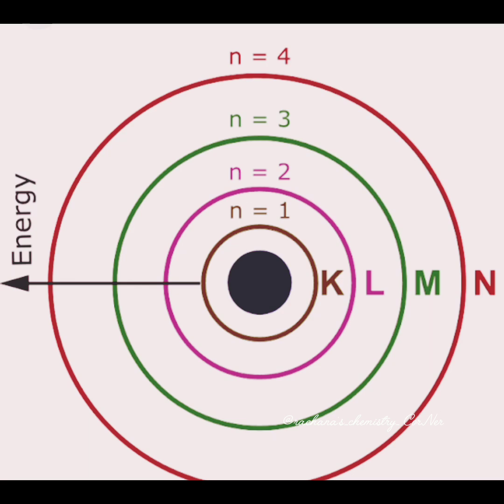For L shell, n is equal to 2. For M shell, n is equal to 3. And for N shell, n is 4. So n is equal to 1, 2, 3, 4 are called the principal quantum numbers for the different shells. So this is all about the principal quantum number.